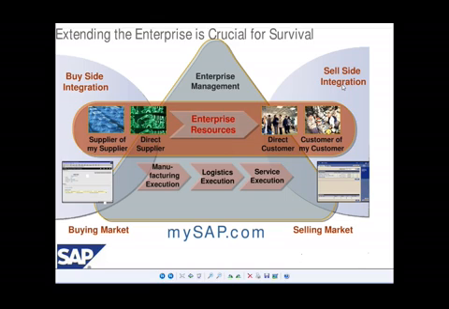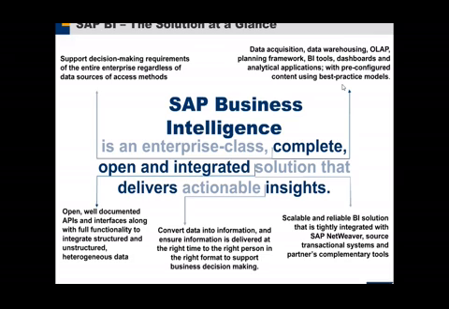Because you have a buy side of the data and a sell side of the data, and within this triangle is your business, whatever you are trying to do. Either you are trying to book reservations, travel services, or manufacture a product, or host a web service for a cloud or anything. Whatever you do, you do that. SAP is the best integrated package available on the market where it integrates the buy side, sell side, and the enterprise management.